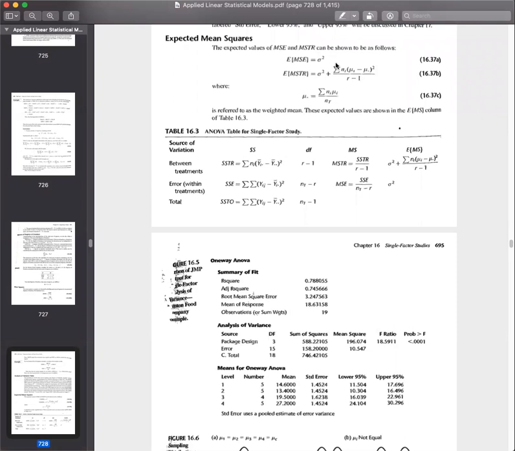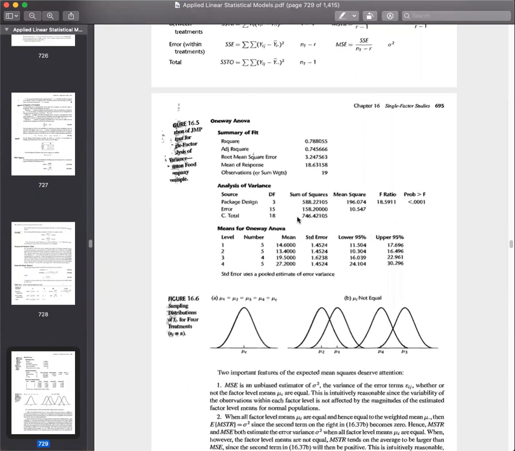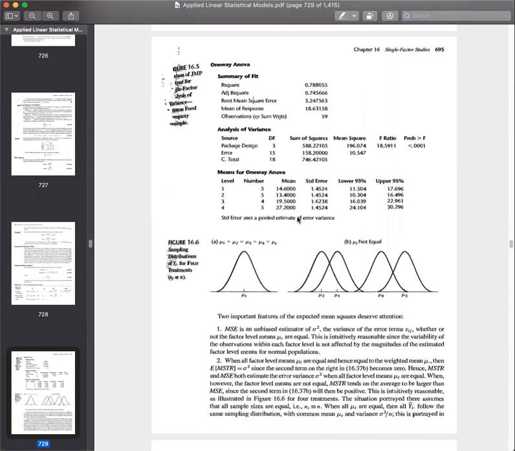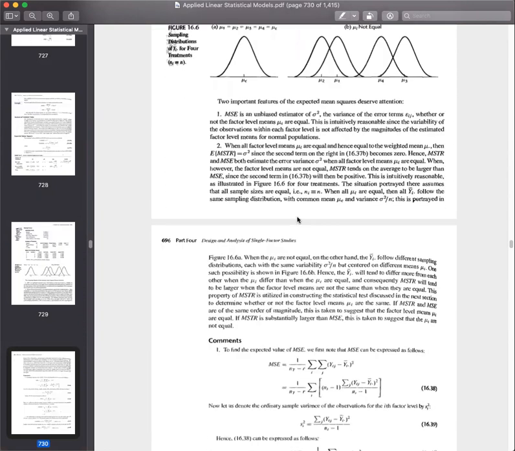Two important features of the expected mean squares deserve attention. First, MSE is an unbiased estimator of sigma squared, the variance of the error terms, whether or not the factor level means mu i are equal. This is intuitively reasonable since the variability of the observations within each factor level is not affected by the magnitudes of the factor level means for normal populations.